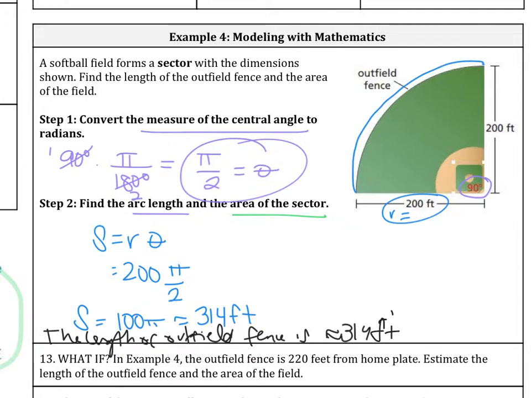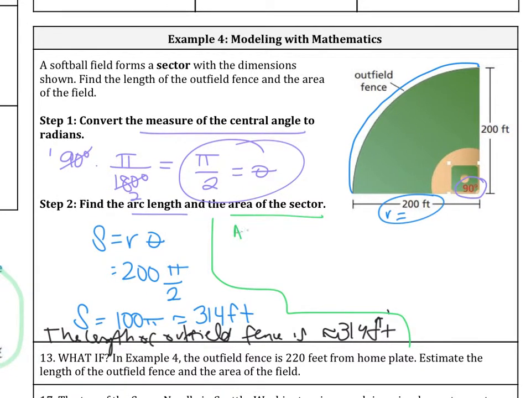Okay, so now let's find the area of the sector. That formula, again, was A equals 1/2 r squared times theta. So we have 1/2, the radius is 200, squared, times pi over 2. So now this changes to 1/2 times 40,000 times pi over 2, and 2 times 2 is 4, right?